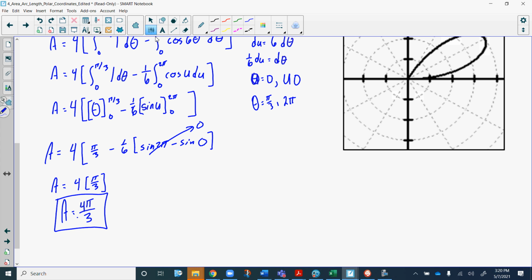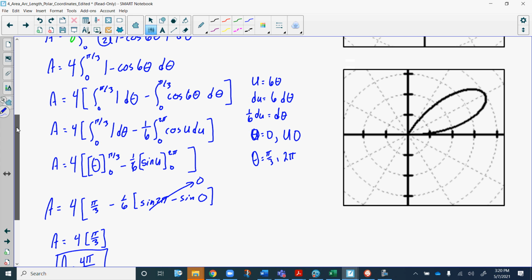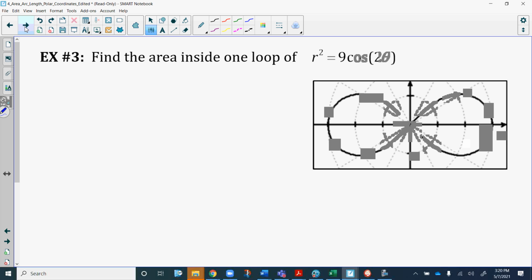Now this next one that we're going to be looking at is again a similar kind of idea. Here it kind of looks like the infinity symbol, r squared is equal to 9 cosine of 2 theta. This is almost like what a rose would be, but we wind up with this infinity looking symbol here.